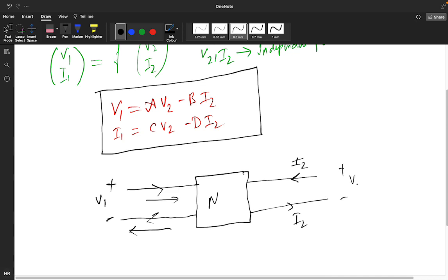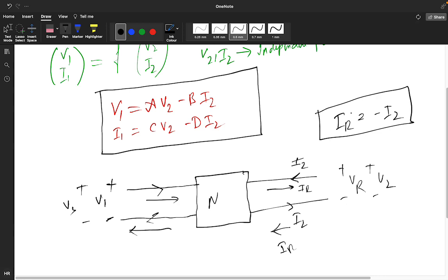We write positive negative VR, that is V2, and we can say this is the sending side, VS. This I2 can be in the opposite direction, IR, the receiving current. So IR is equal to minus I2. This is the receiving current. And this is your I1 current, I1 is equal to IS, the sending end current.